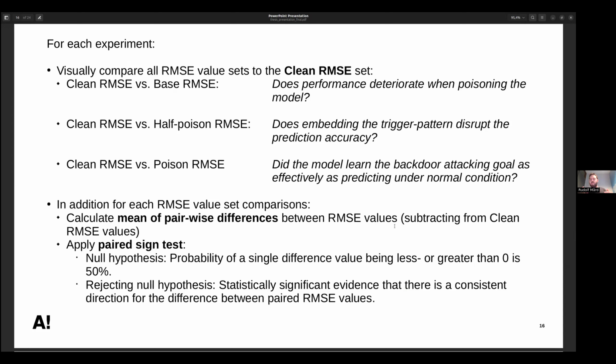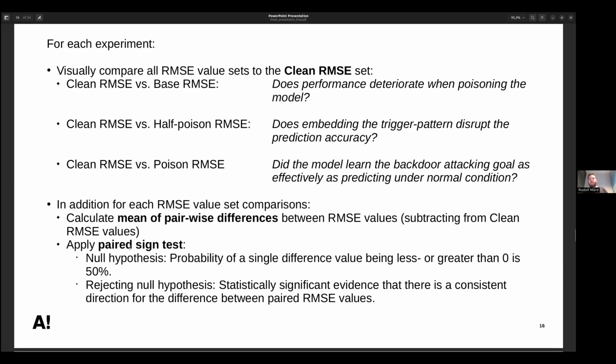So there are these pairwise values which originate from the same data point. And so we calculate the differences of these pairwise values and calculate the mean. And this is always subtracting from the clean RMSE values.